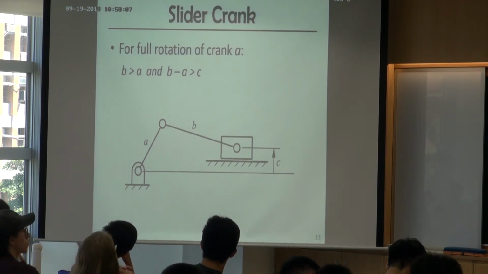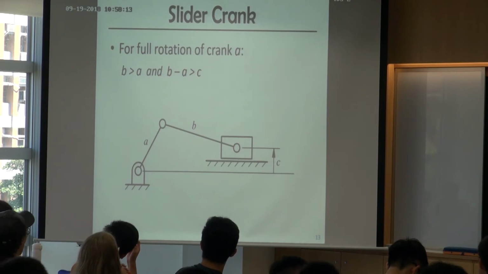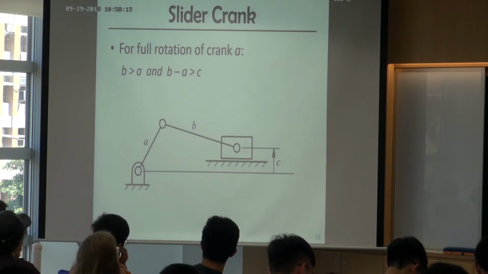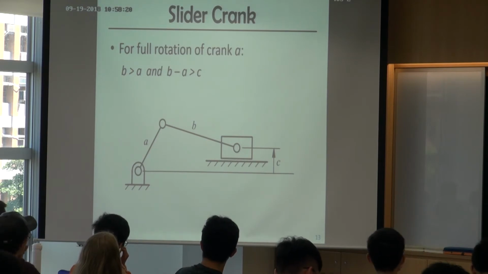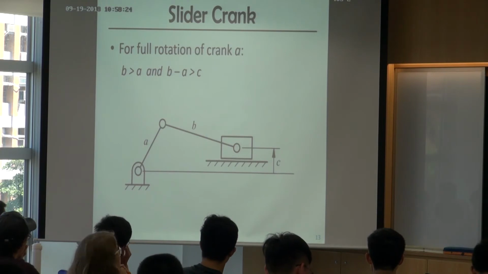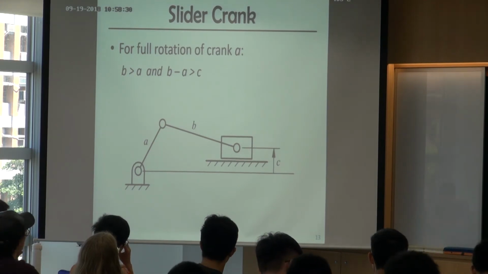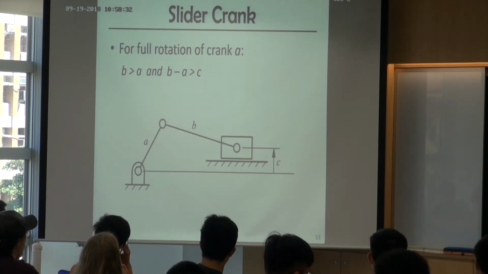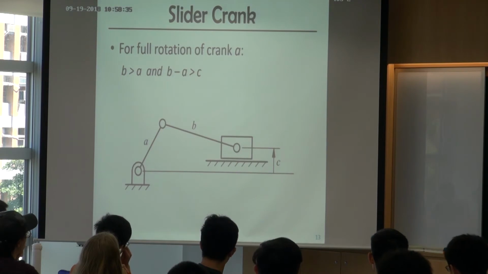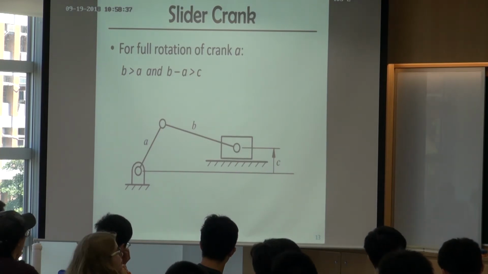So B must be larger than A, and B minus A must be larger than C. You can try to assemble a mechanism that does not satisfy this inequality. You will find the mechanism gets stuck somewhere, and it's not going to go any further. It cannot do a full rotational motion.